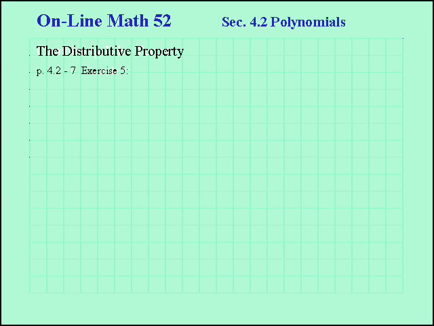Here's 5a, which says we have 5 times 2x cubed plus 3x. And we're going to distribute that 5 to each of them. And as we do, the 5 multiplies only by the coefficient. The variable cluster part of it is unaffected. So here we get 5 times 2 is 10x cubed plus 5 times 3 is 15x.